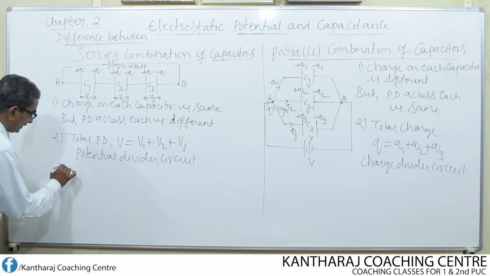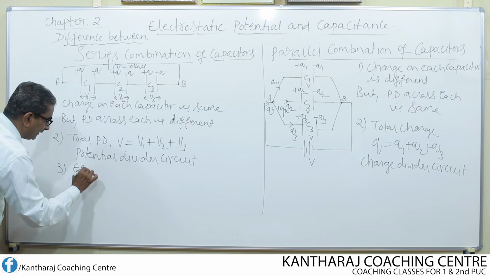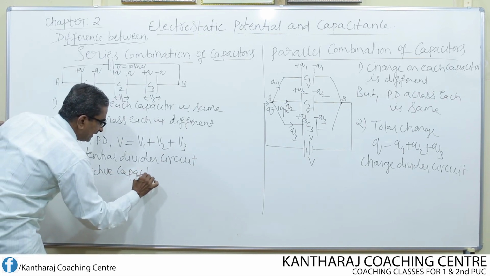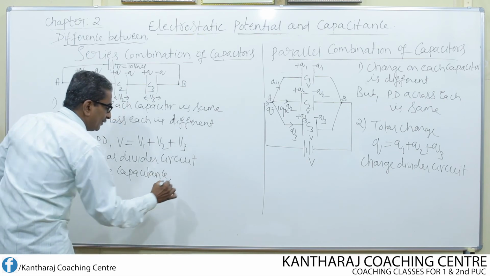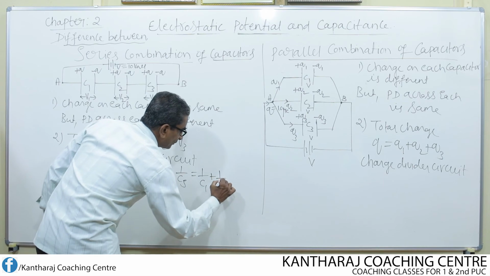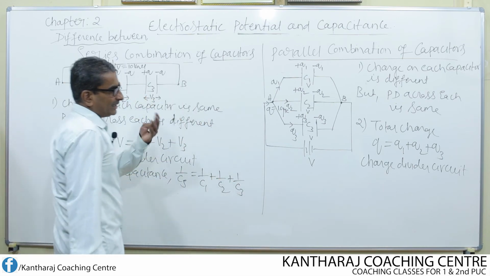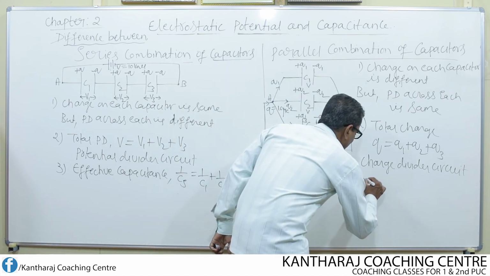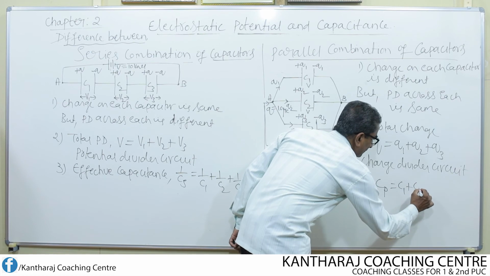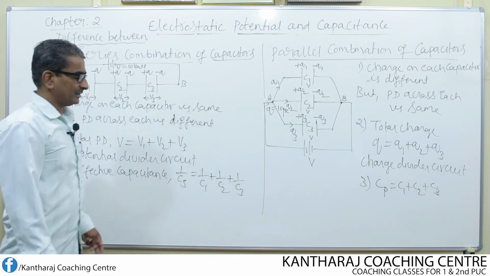Then, effective capacitance of series combination is given by 1 over Cs equal to 1 over C1 plus 1 over C2 plus 1 over C3. Whereas in case of parallel combination, effective capacitance is given by Cp equal to C1 plus C2 plus C3. Okay.